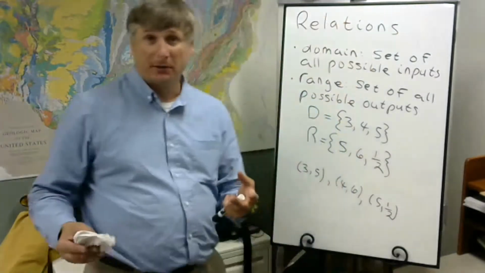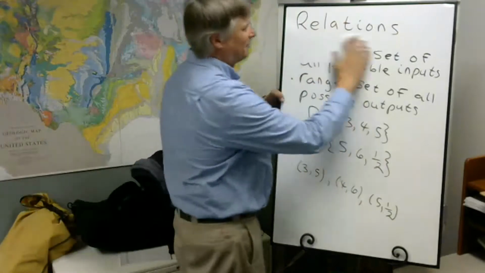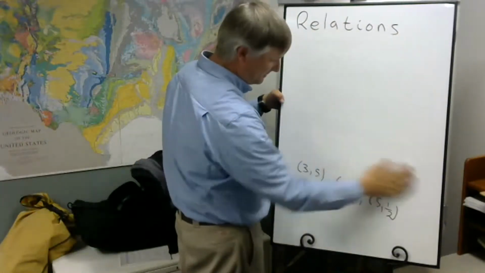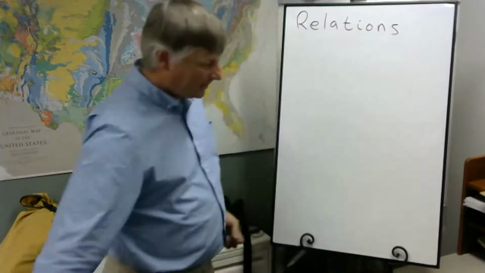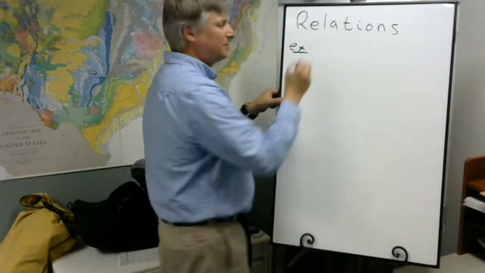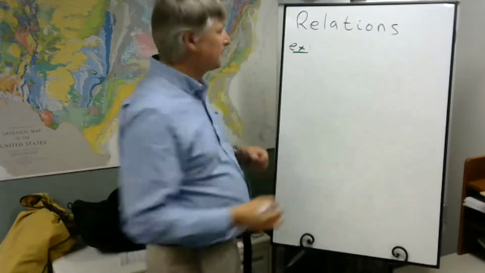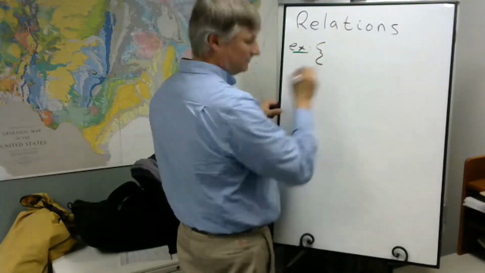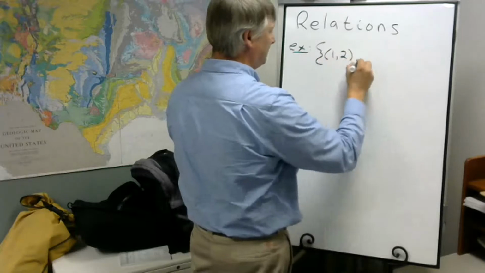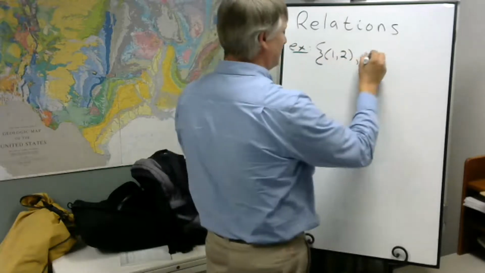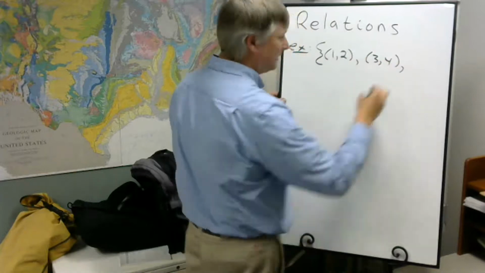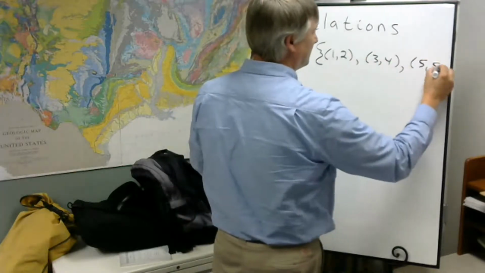So let's take a look at another one of these. Now, let's say we have a relation that consists only of these ordered pairs: (1, 2), (3, 4), and (5, 5).